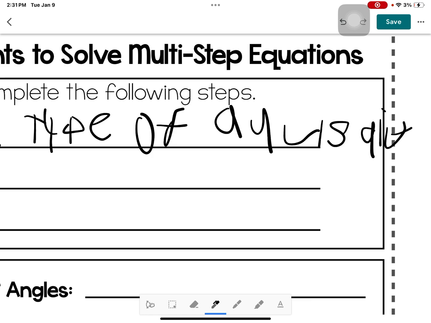It's like you identify what the angle is. So is it complementary or supplementary, for example? We're not there yet, right? This is just in general.